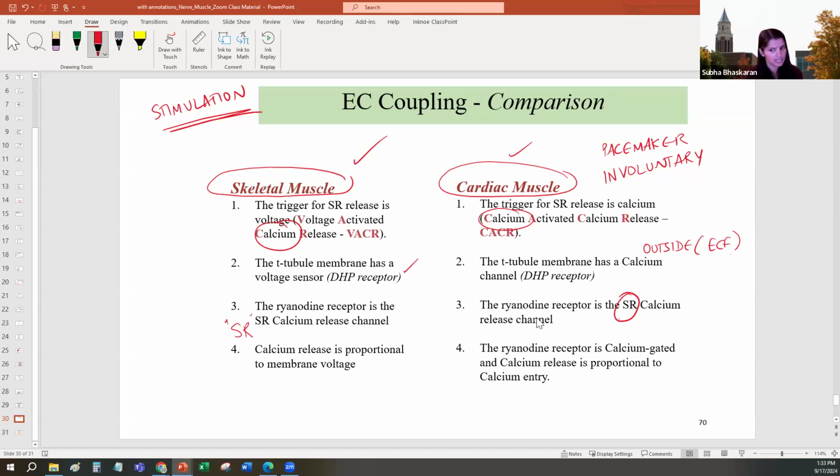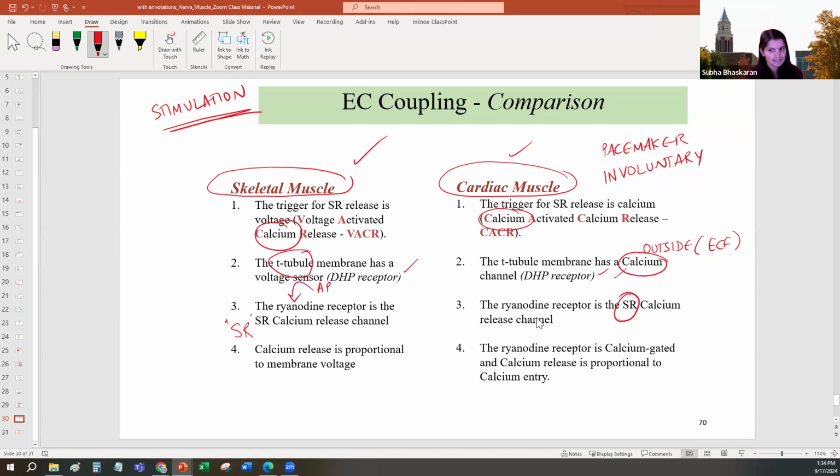You still have the DHP receptor, and then you still have the ryanodine receptor, but in cardiac muscle the DHP receptor is actually a calcium channel. Okay, unlike what you see here, where the DHP is only sensing the action potential. Listen. All right, and this action potential is conveyed to the ryanodine receptor.